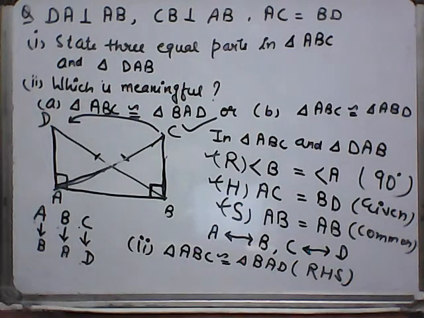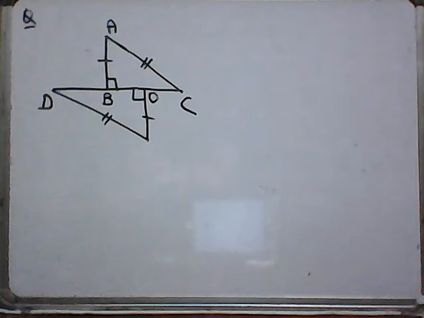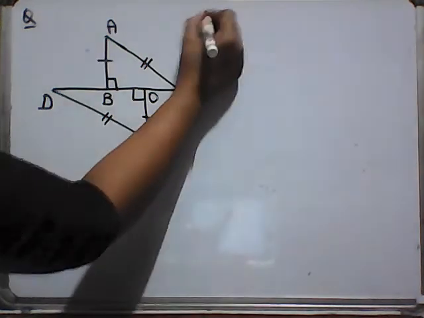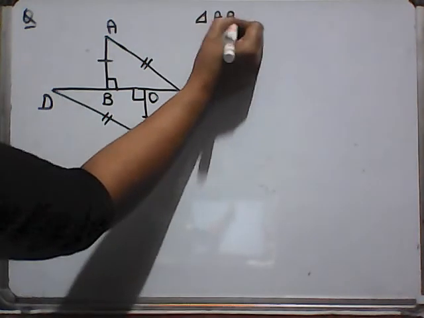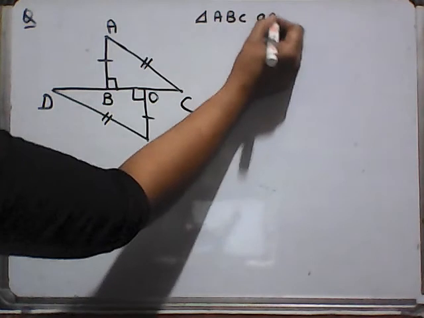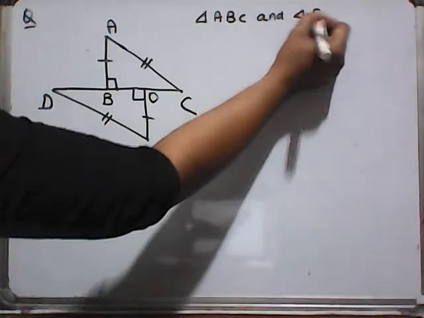Let's come to the next question. In this question, this diagram is given to you and you have to state the three pairs of equal parts in triangle ABC and in triangle EOD.